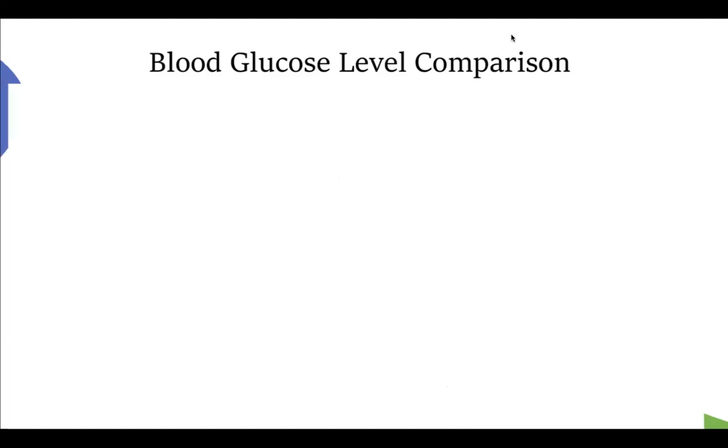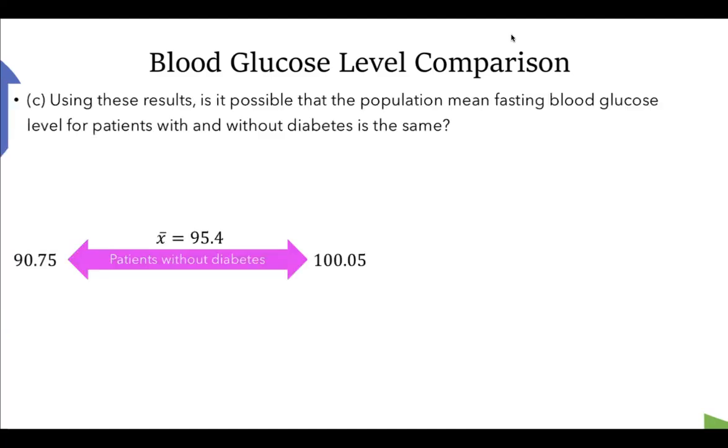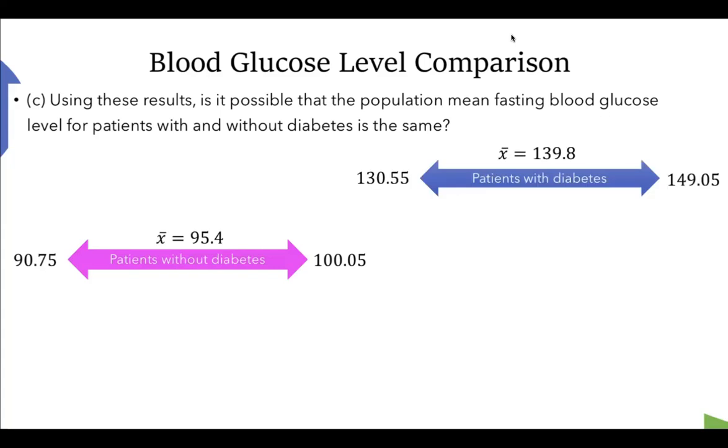If I look at them together, the numbers do not overlap. You see where 100.05 is the high limit of patients without diabetes, and 130.55 is the lower limit for patients with diabetes. And there's this big gap between those two confidence intervals.